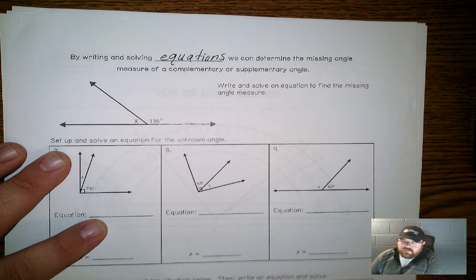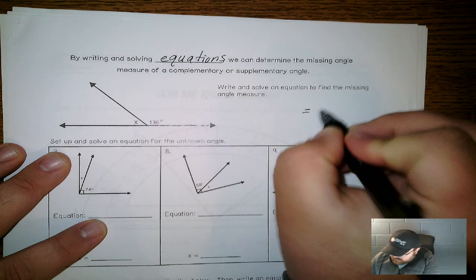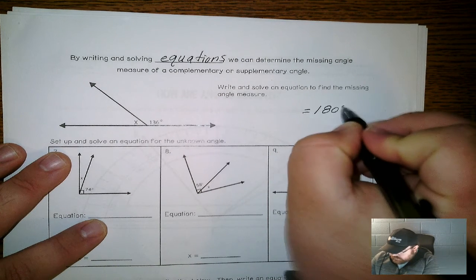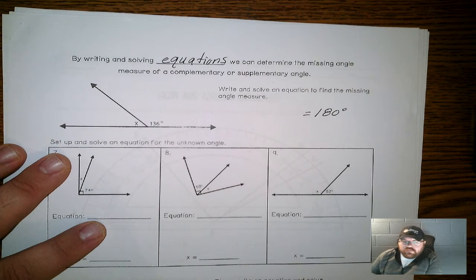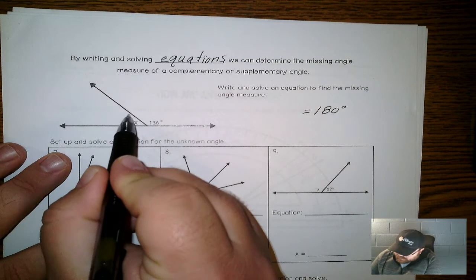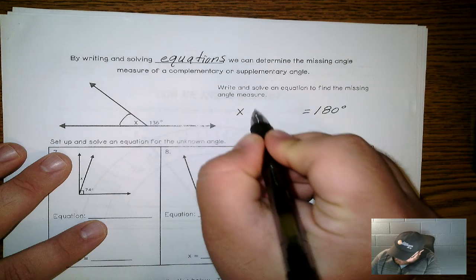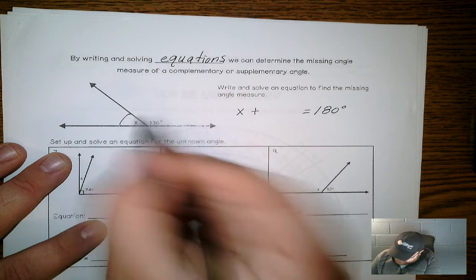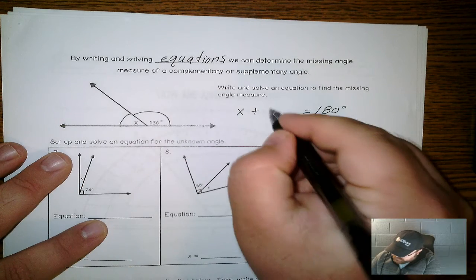And from our first page, we know that straight lines equal 180 degrees. So that's the first part of my equation. Then I'm going to ask myself, what two angles make this straight line? It would be angle X plus angle 136 degrees.